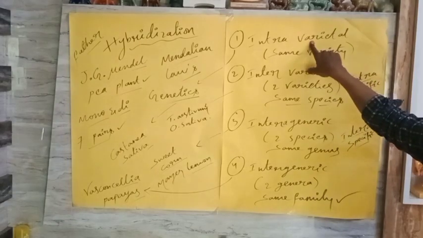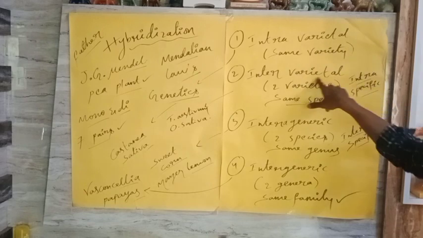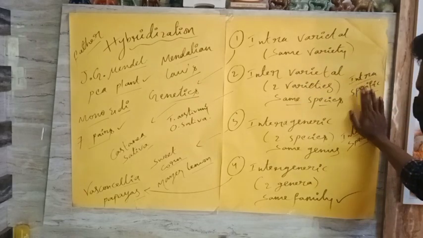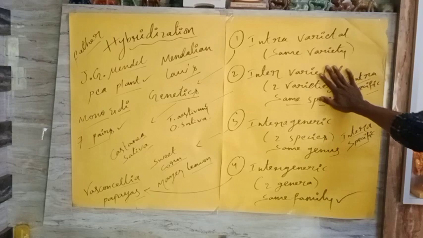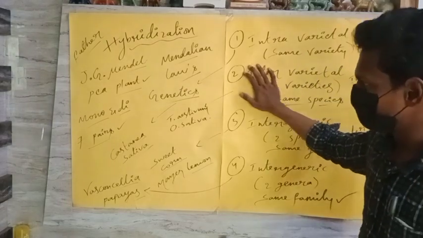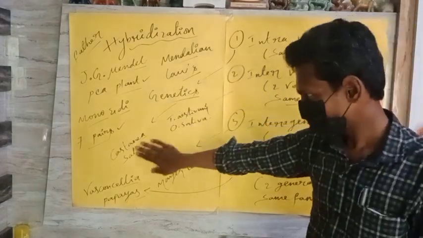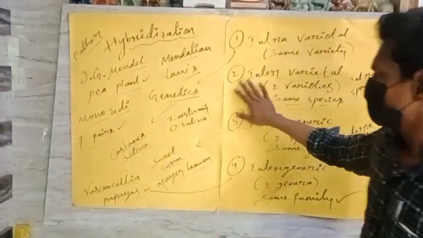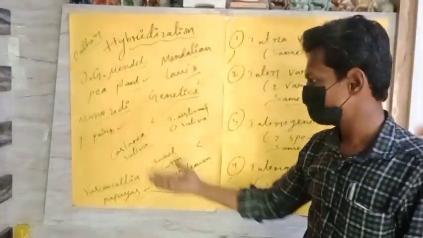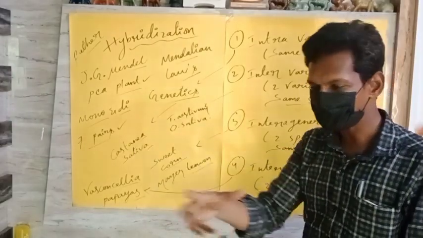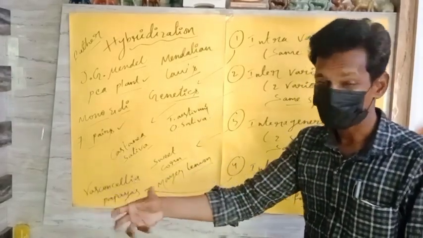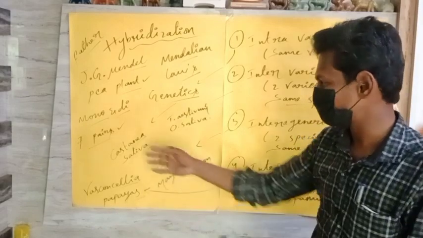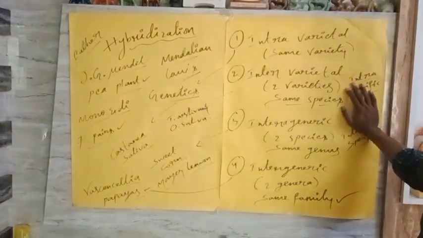The first is intravarietal, next is intervarietal, which is also called intraspecific. An intraspecific example we can see is Castanea sativa, same as Pisum sativum. This is a type of pea in botany. So a type of pea variety comes under intervarietal or intraspecific.